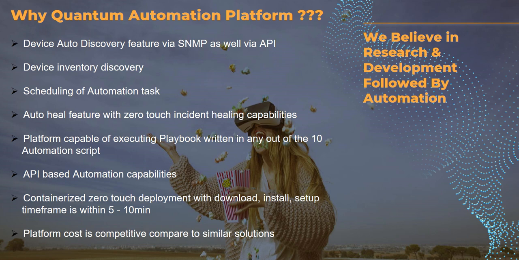It has auto heal with zero touch incident handling capability. It is capable of executing 9 types of automation scripts, as I said, .yml, .rb, .sh, .groovy, .lua, and many others. And it has API based automation capabilities.